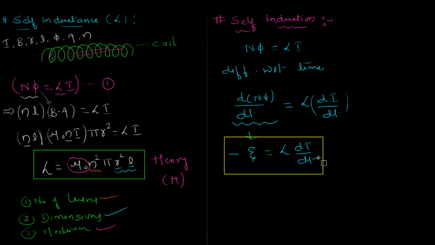I really want to talk more about this, but before we do that, for the lack of space I'll write just here: if somehow I make di by dt, that is the rate of change of current in this coil, equal to 1, then the magnitude of self-inductance, see, if this term becomes 1, then L is basically equal to EMF.